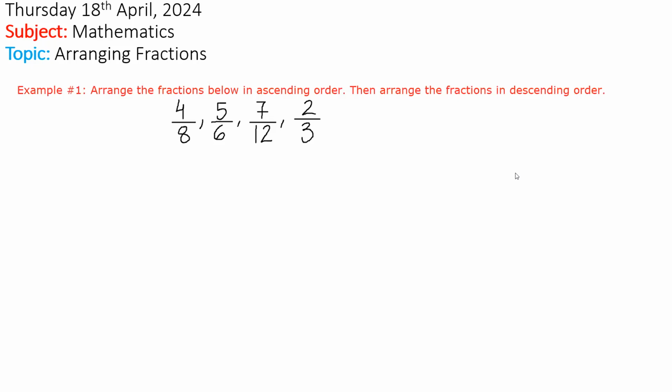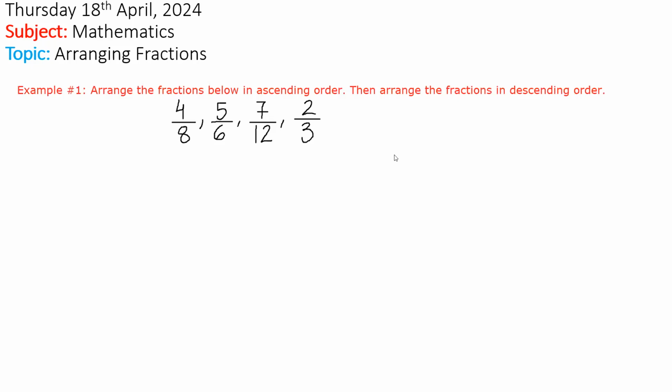Anyone else want to try? Which fraction do you think is the smallest? I'm not sure. Can I try? Go ahead. I think the smallest fraction is 2 over 3. Okay. And what do you think is the biggest one? I think the biggest one is probably 5 over 6. Okay.